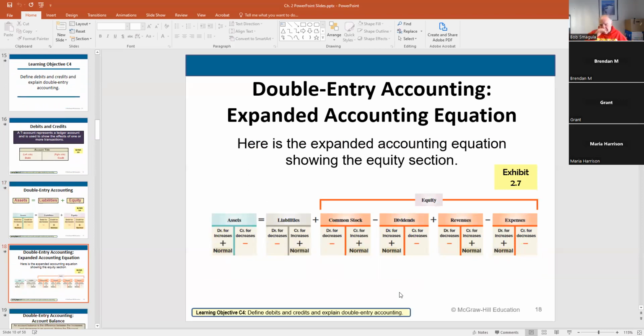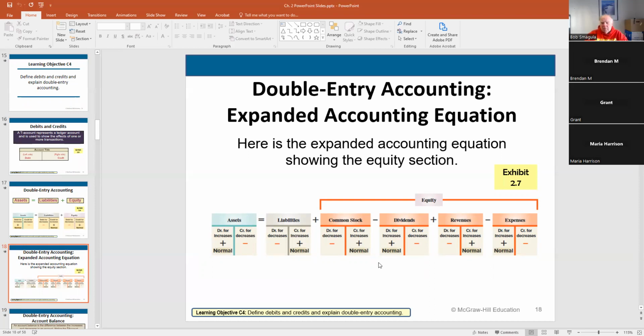Here's a look at the accounting equation again, shown in T accounts. Assets, normal balance debit; liabilities and common stock, normal balance credit; revenues, normal balance credit; expenses, normal balance debit; dividends, normal balance debit.